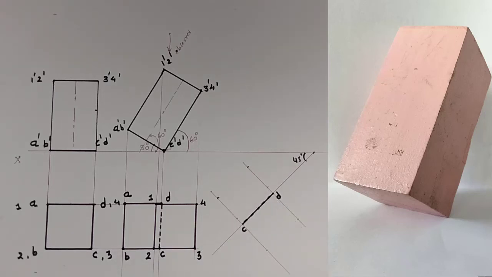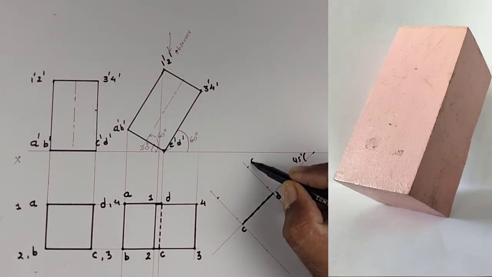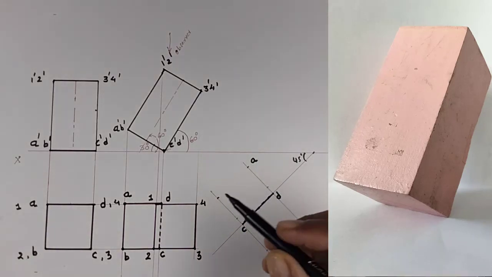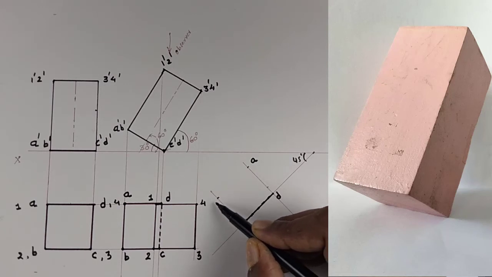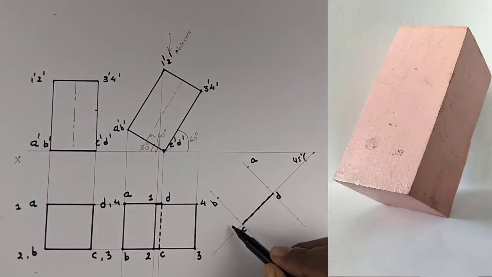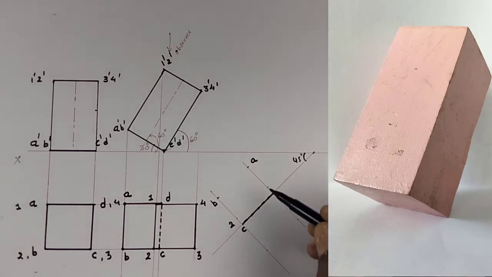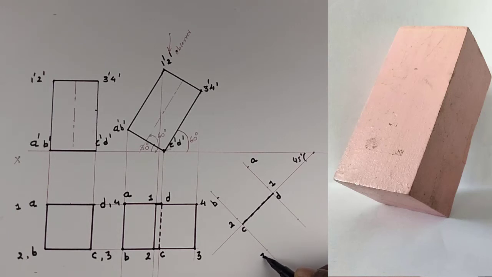So you first rearrange your plan. This is my A point, this is B, this is our 2, this is 1, this is 3 and 4.